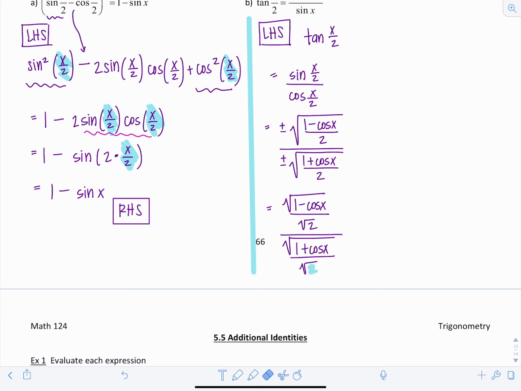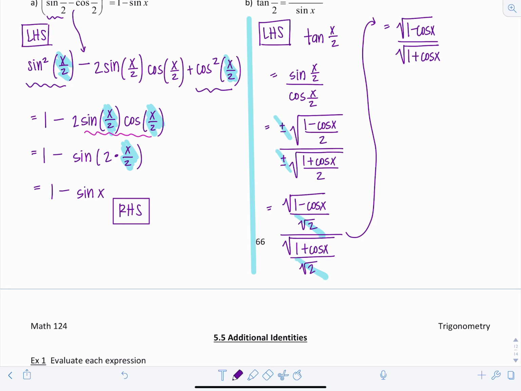Ooh. And then we can just cancel those plus or minuses for now. The rad 2's are going to cancel out. So then, continuing up here, I have rad 1 minus cosine x over rad 1 plus cosine x.